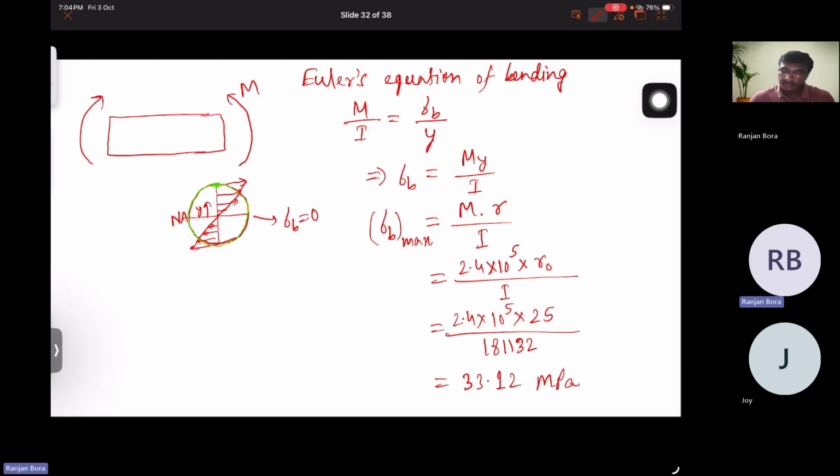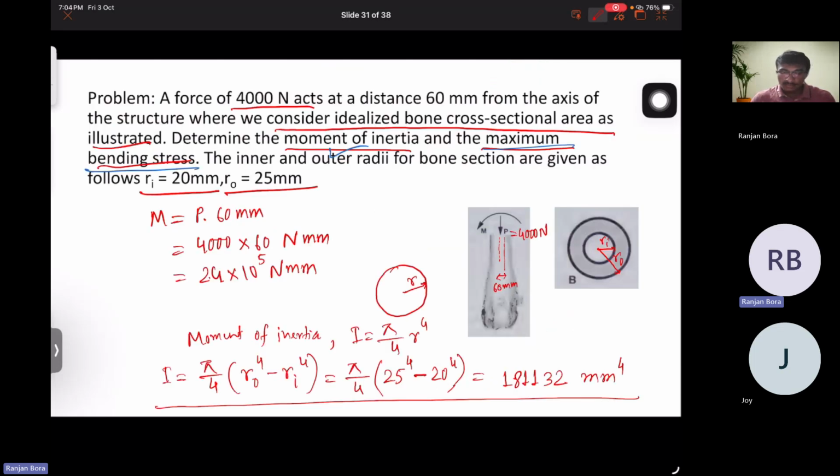Okay, so this is the answer for the maximum bending stress that this bone can sustain in this loading condition, and this was the answer for the moment of inertia for this bone.